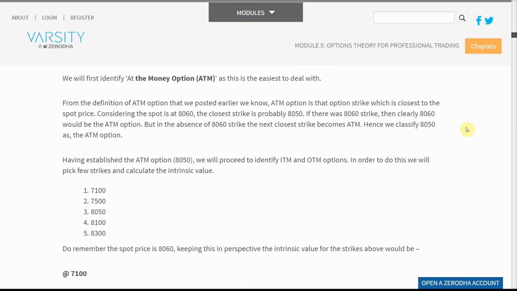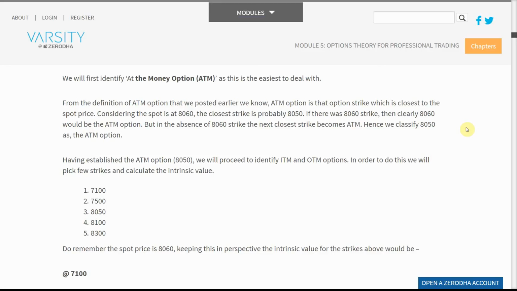From the definition of ATM option that we posted earlier, we know ATM option is that option strike which is closest to the spot price. Considering the spot is at 8,060, the closest strike is probably 8,050. If there was an 8,060 strike, then clearly 8,060 would be the ATM option.